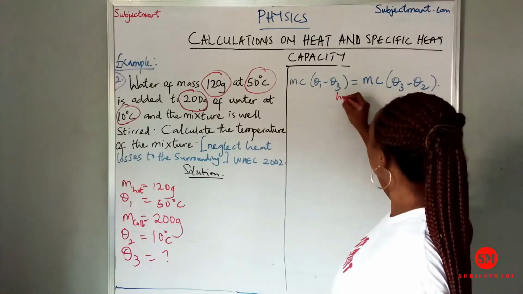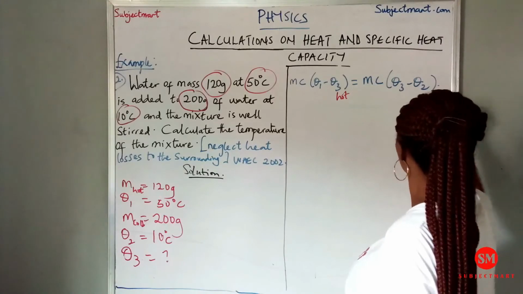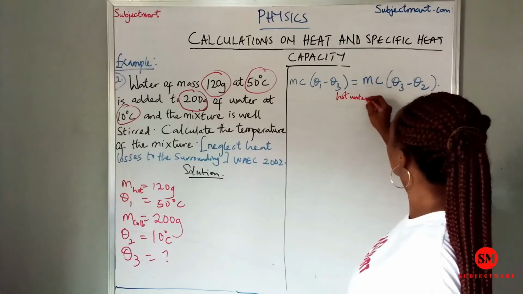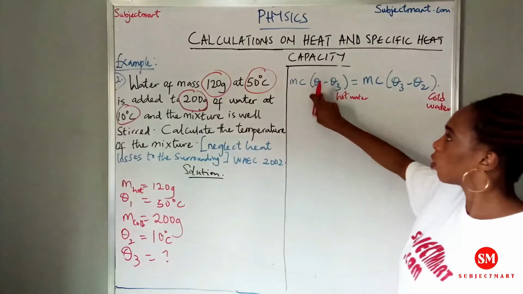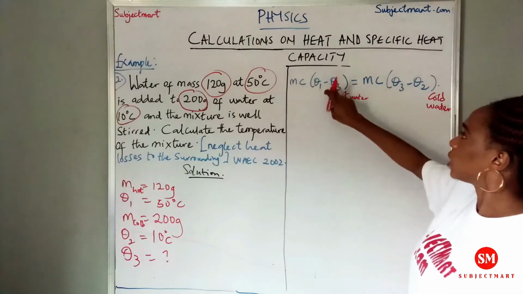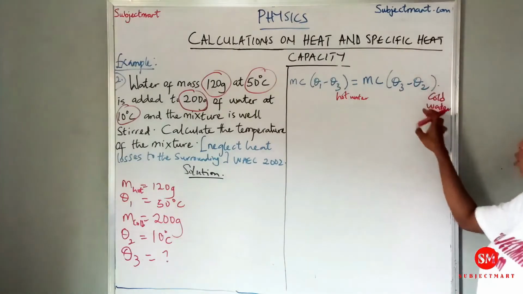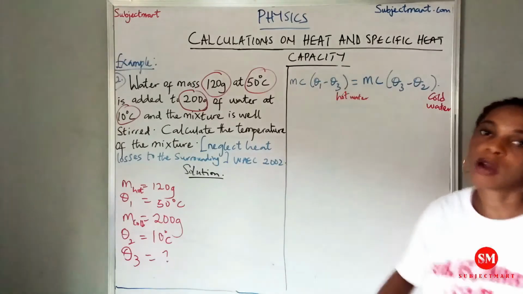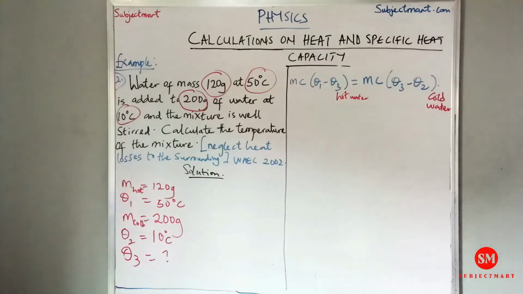This is for the hot and this is for the cold water. Theta 1 is the temperature of the hot water, theta 3 is the final temperature of the mixture, and theta 2 is the temperature of the cold water.